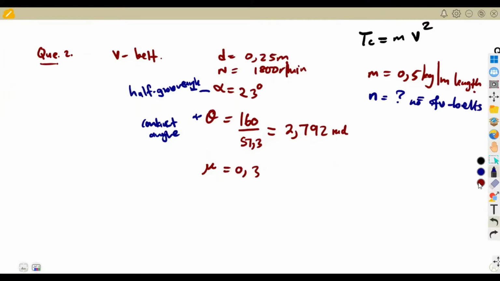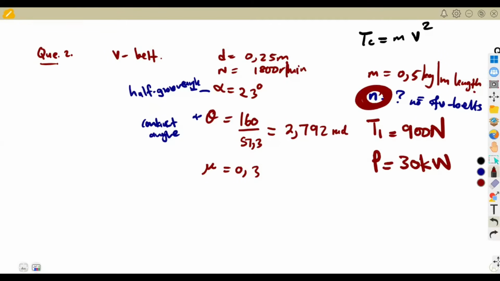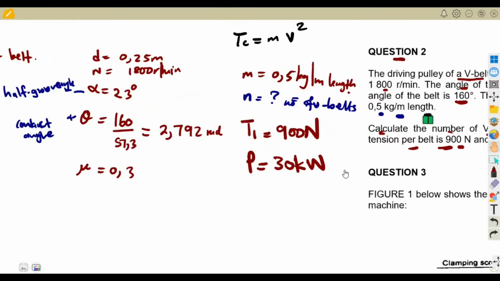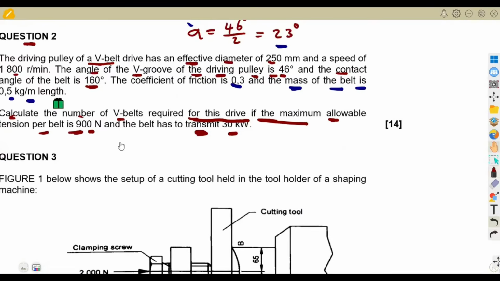But we are given that the maximum allowable tension is T1, which is given as 900 Newton. And also we are given the power of 30 kilowatts. And they are asking us to calculate the number of V belts. How is this possible? For how many marks? For 14 marks.